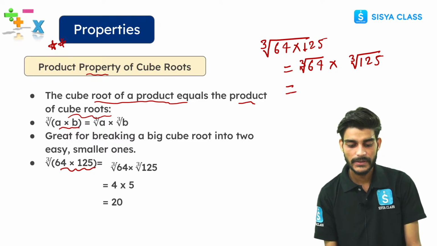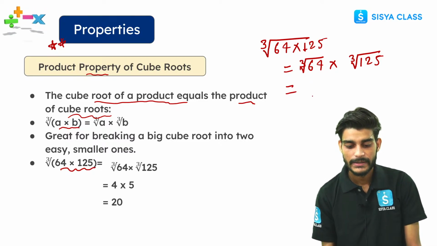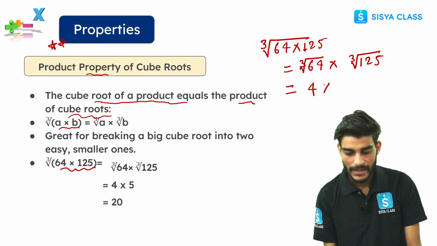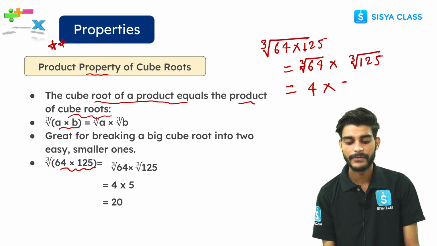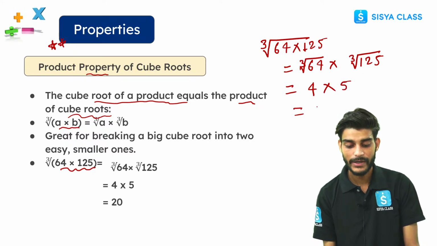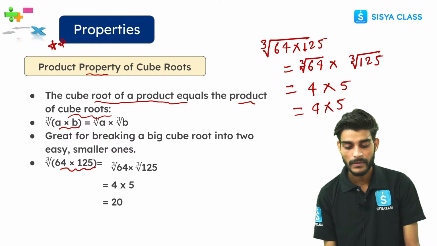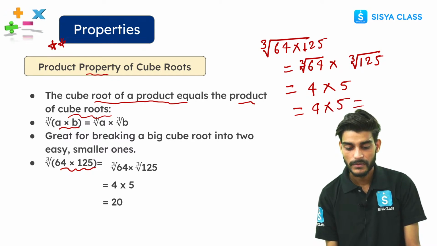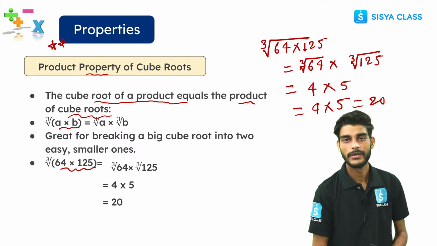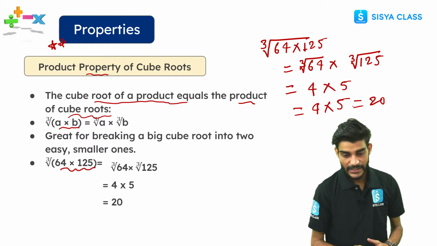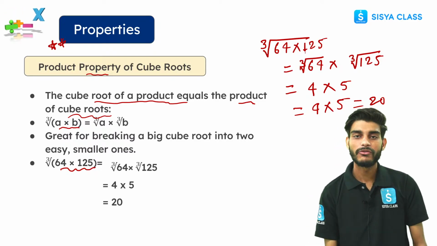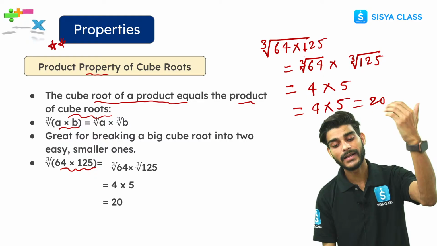And we know the cube root of 64 is 4, and the cube root of 125 is 5. So 4 into 5 equals 20, right?